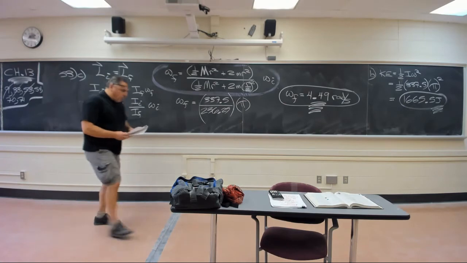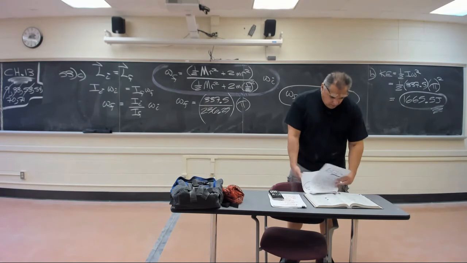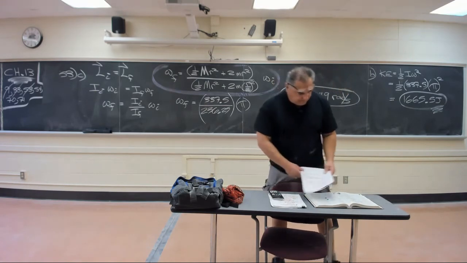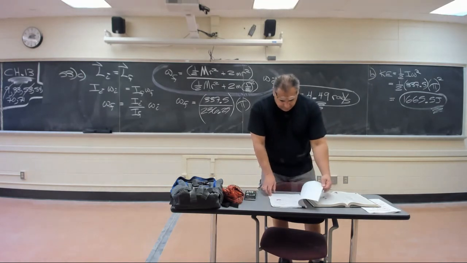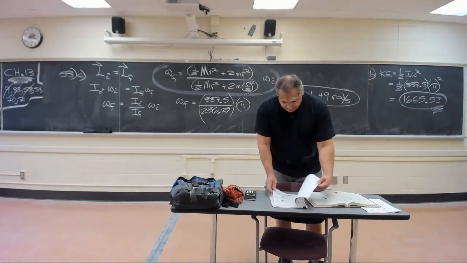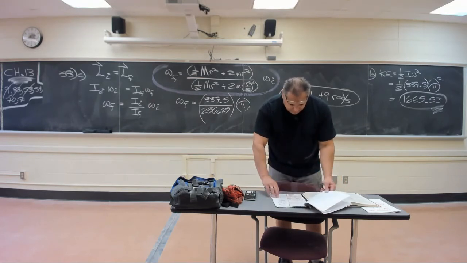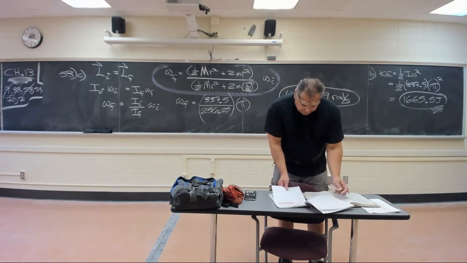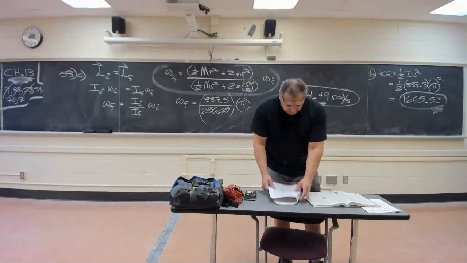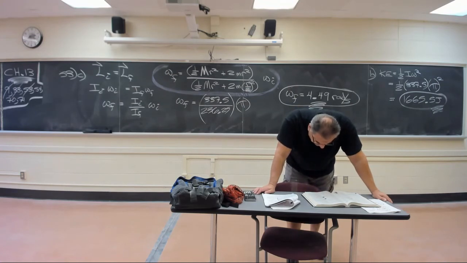Let's look at 54. Okay. For 54, they're saying a disk of mass M1 is rotating freely with constant angular speed omega.